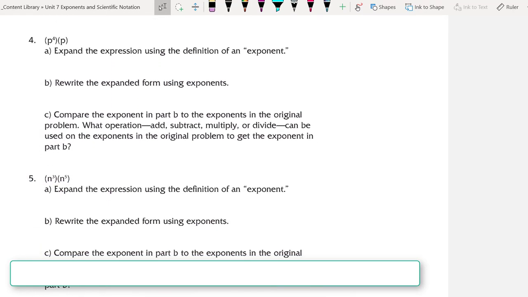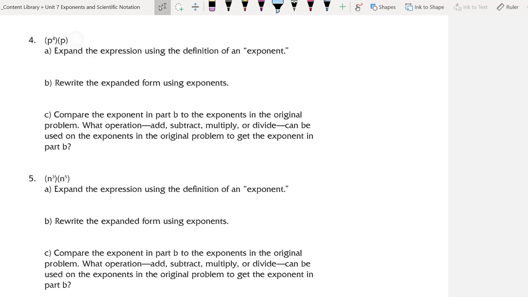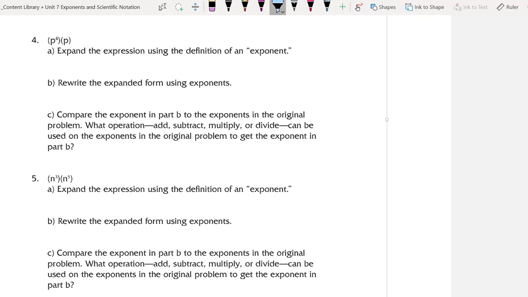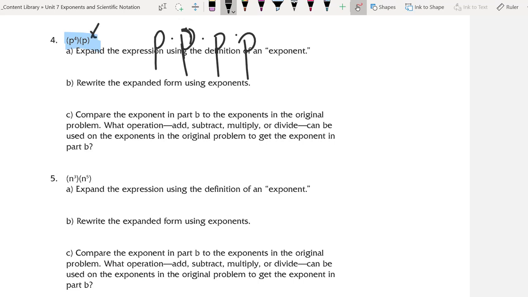P to the fourth times p. So if I write that out, expand it, p to the fourth would be p times p times p times p, then times this last p.